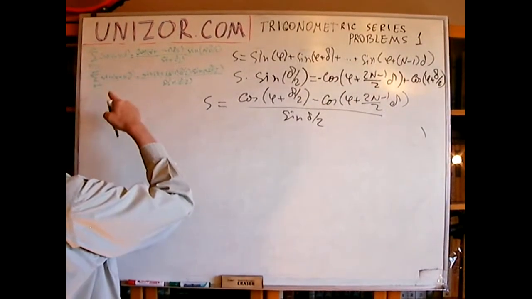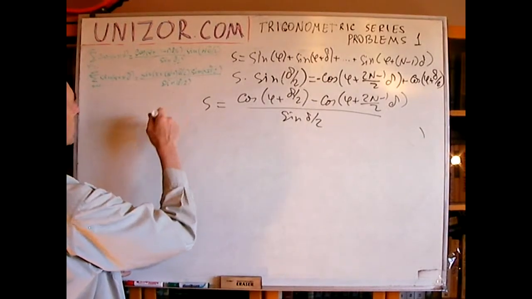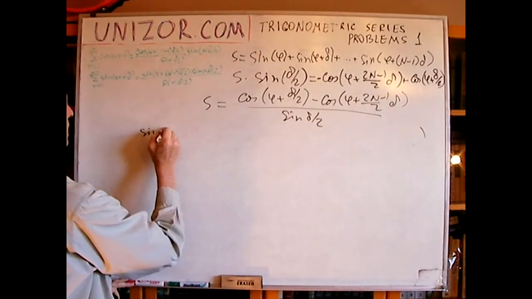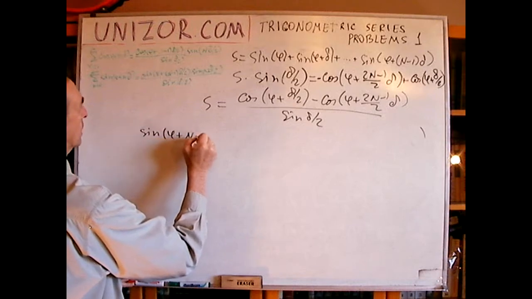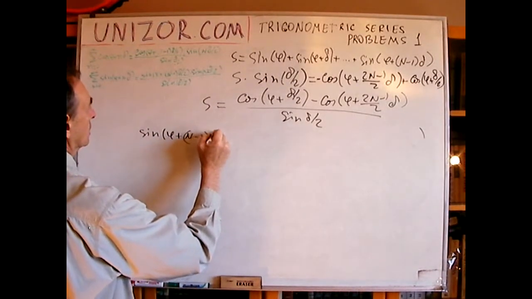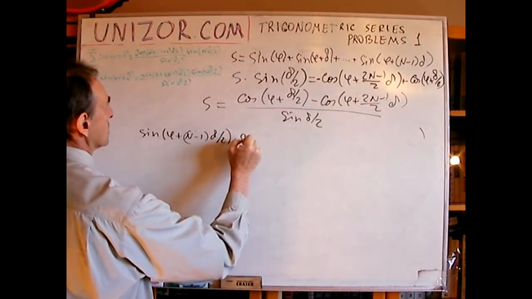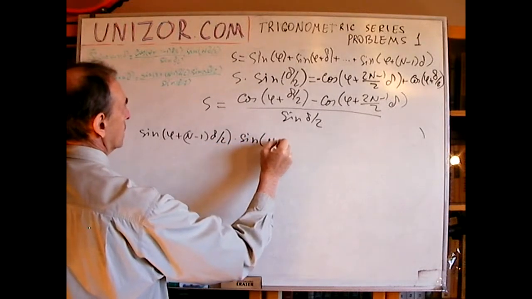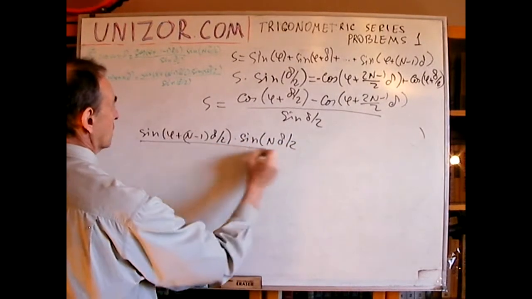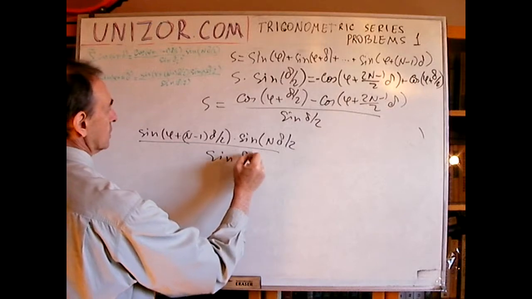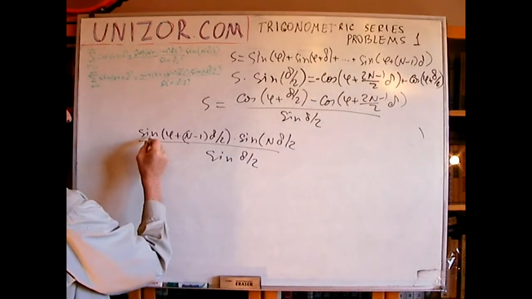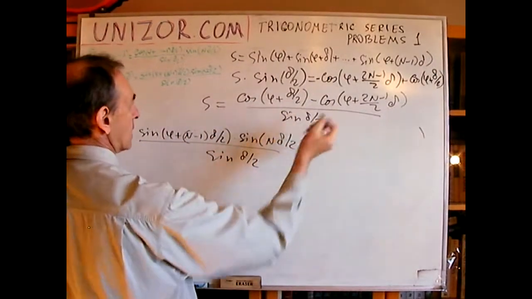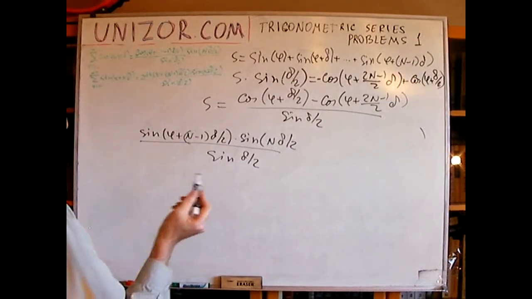Now the final formula, as I wrote it here, is sine of phi plus (n minus 1) delta over 2 times sine of n delta over 2 divided by sine of delta over 2. Now the question is, is the product of these sines exactly the same as this?